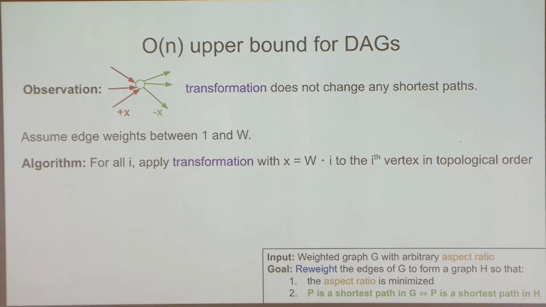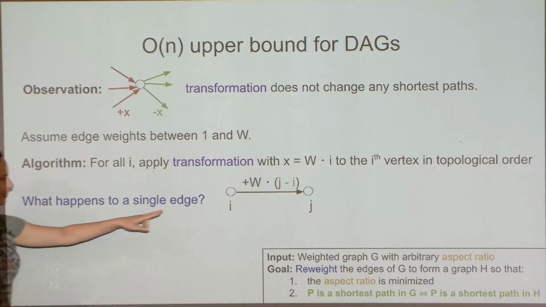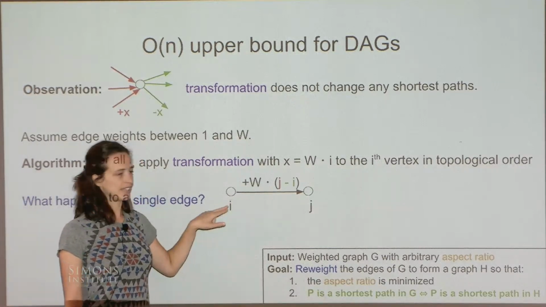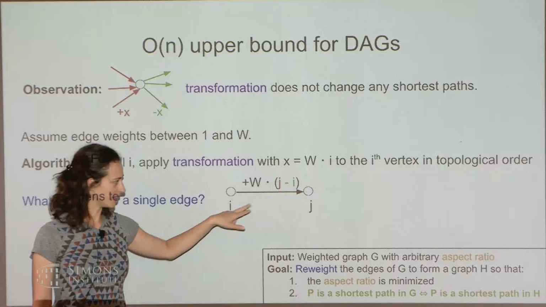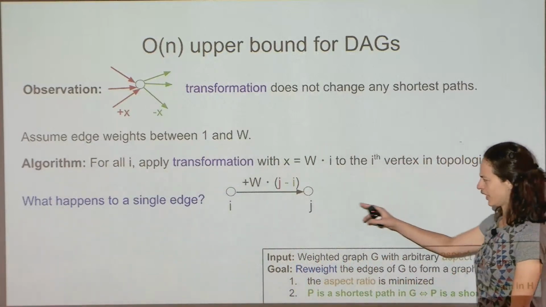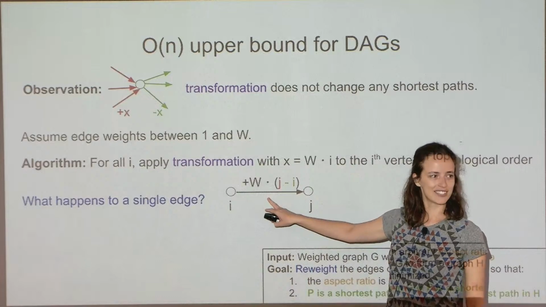So now I need to argue to you that the aspect ratio is now low and something around linear. And here's why. Let's look at a single edge in this graph, going from vertex i to vertex j. This is the ith vertex in the topological order to the jth vertex in the topological order. How did this edge change?